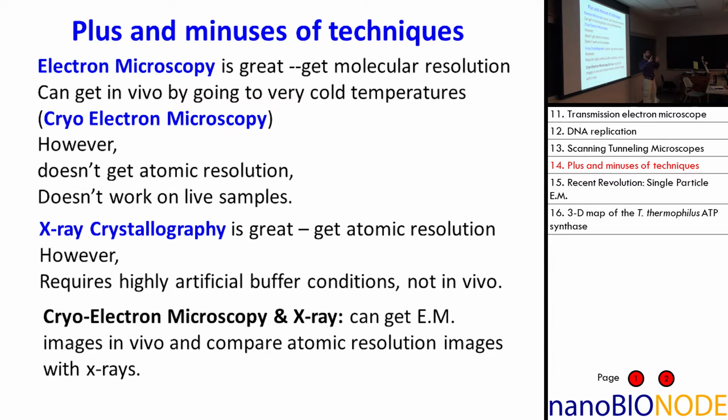However, if you then take the X-ray crystallography, which is done in these weird buffers, and then fit that to the overall image that you get with cryo-EM, you can actually get an image of the thing in a cell. And I'm going to show you one such example of this.